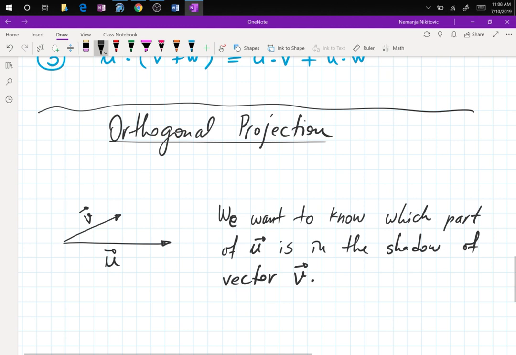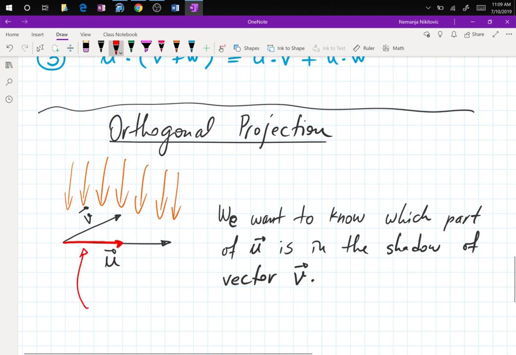So what do I mean by this? If I am to shine the light from above vector u, there is going to be a shadow, which is a part of u that will be cast by vector v.